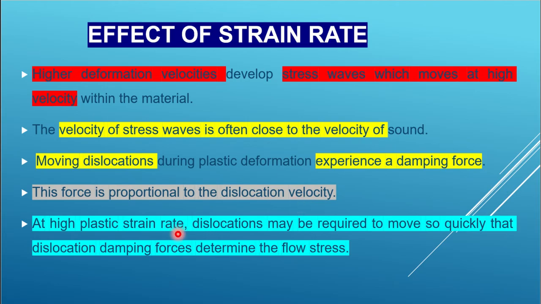And at high plastic strain rate, dislocations may be required to move so quickly that dislocations damping forces determine flow stresses. Nothing, as plastic strain rate increases, dislocation movement increases. Dislocations velocity increases. Thereby, materials deformation increases. That is the effect of strain rate. So you need to write all these points. So maybe you will get 3 or 4 more questions from this particular section.